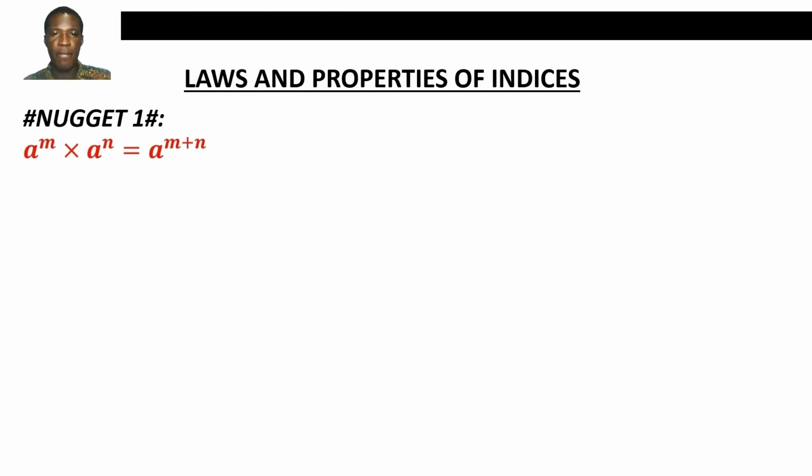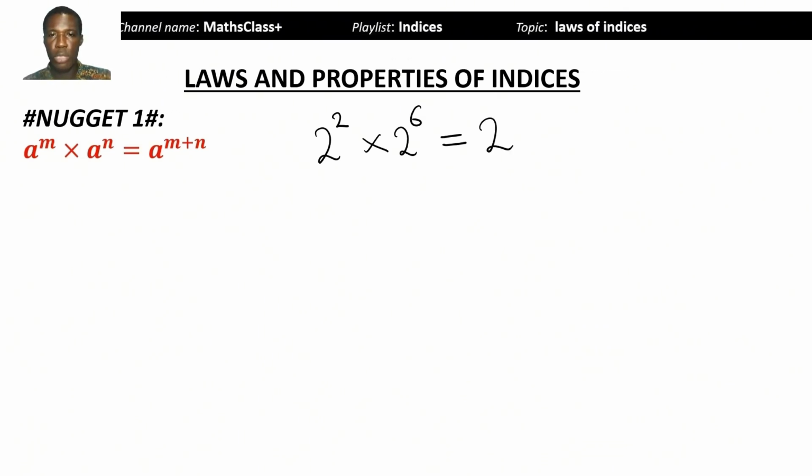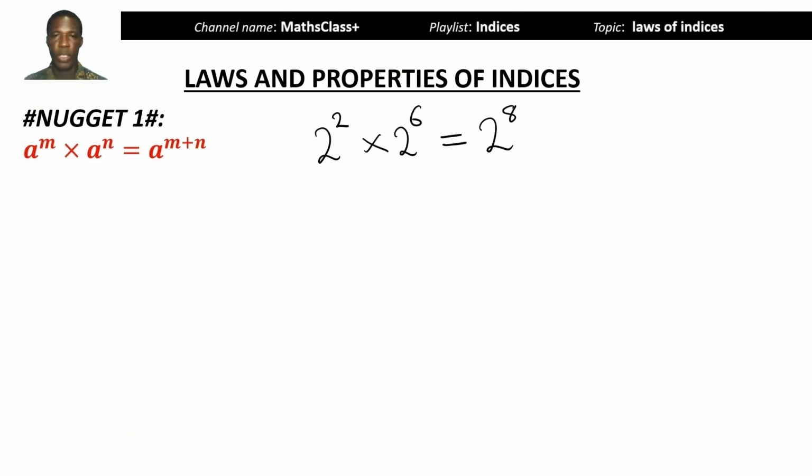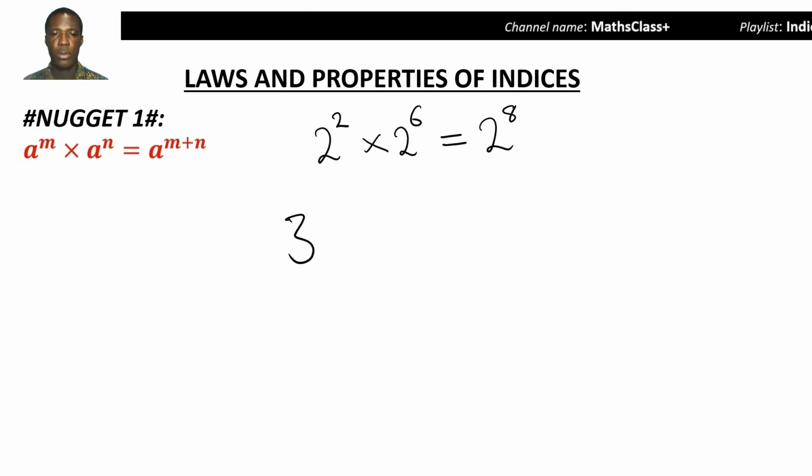So if I have 2 to the power 2, and then I multiply that by 2 to the power 6, from the examples we have looked at, this will give us 2 to the power 8. Now let's look at this one. Assuming the two numbers are 3 and 2, so 3 to the power 2 multiplying 2 to the power, let's say 4.